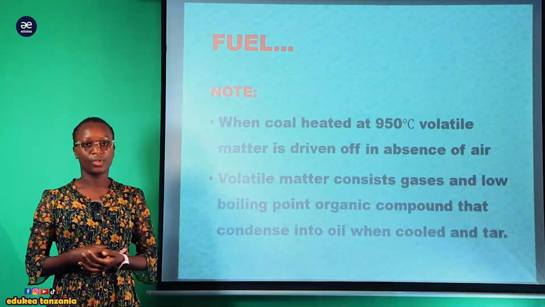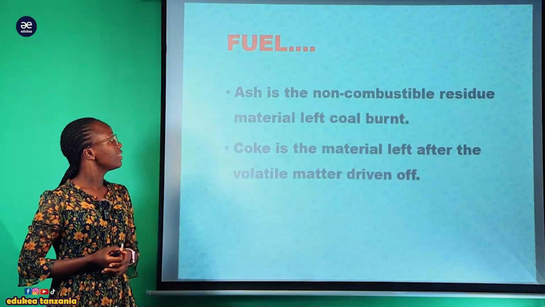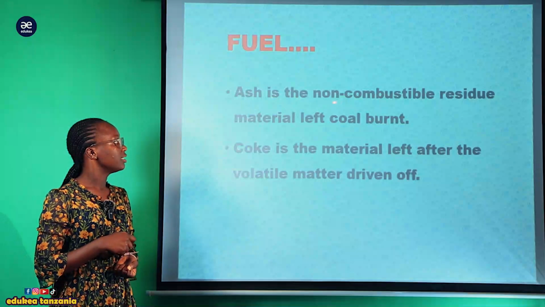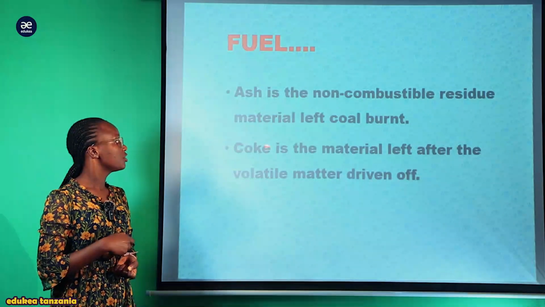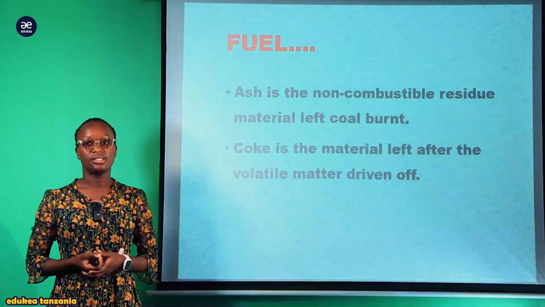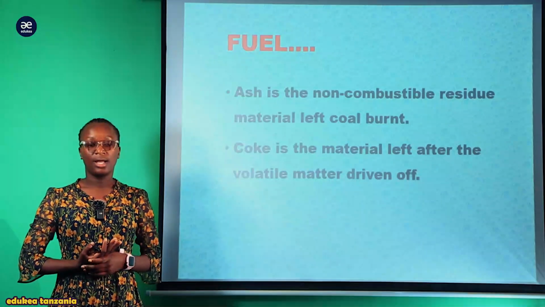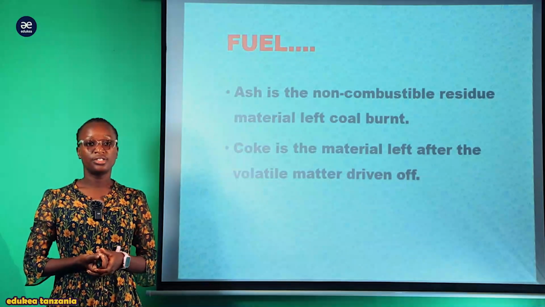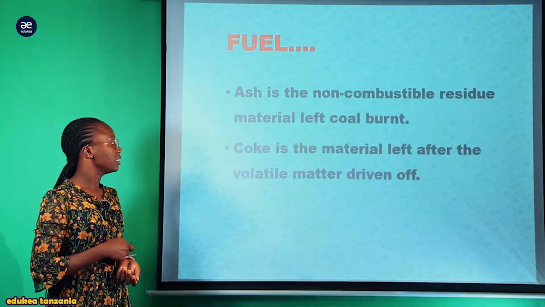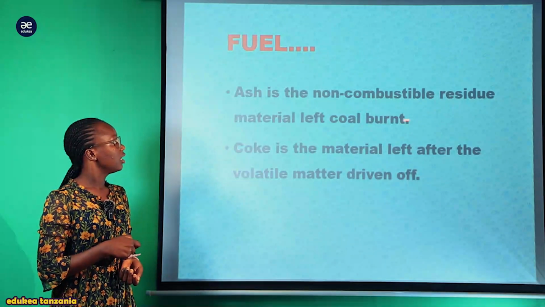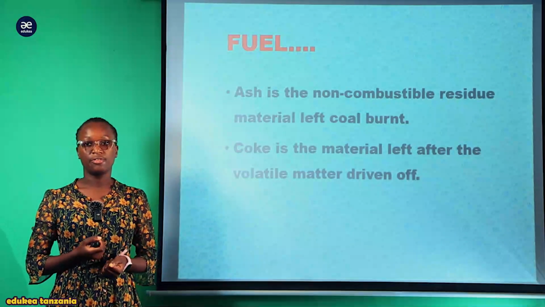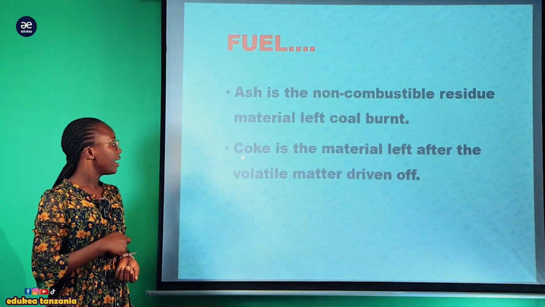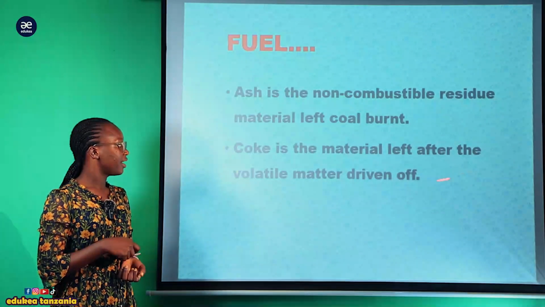Another is ash, the non-combustible residual material left when coal is burnt. Kwamba baada ya kuchoma coal, the non-combustible material that remains there is what we call ash, majivu. Another is coke, the material left after the volatile material is driven off.